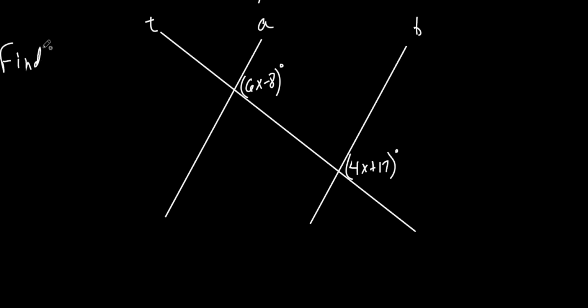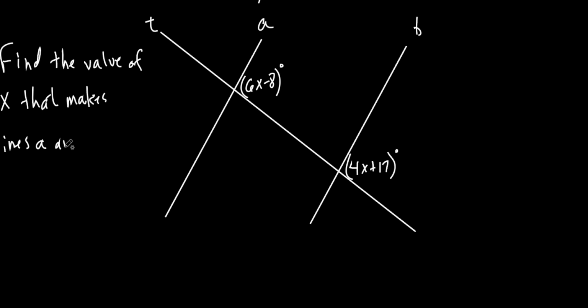Find the value of x that makes those two lines, lines A and B, parallel. Put the little symbol for parallel so I don't have to write the whole thing out.